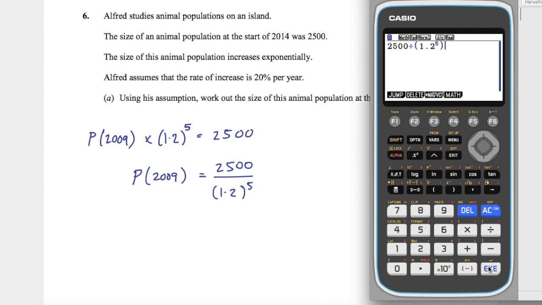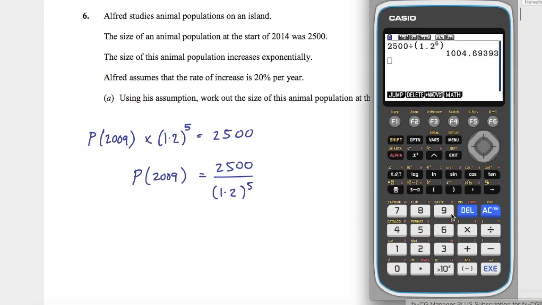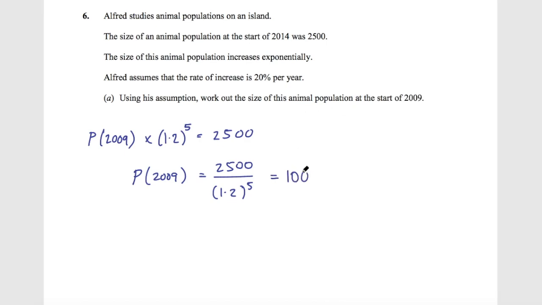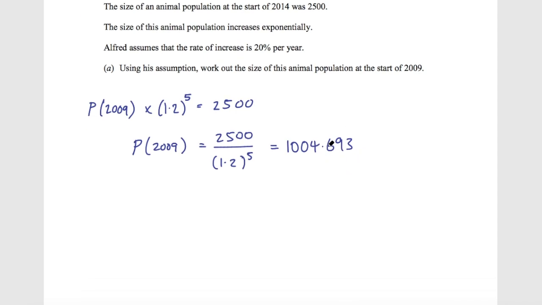Probably don't need those brackets, but sometimes it just helps. And I get an answer of 1004.693. And because we're talking about a population of animals, we don't really want to leave it as 0.69 of an animal, so we should round that up to 1005 for the population in 2009.